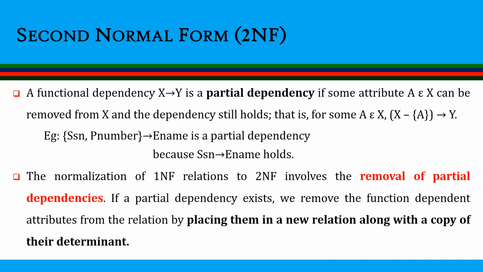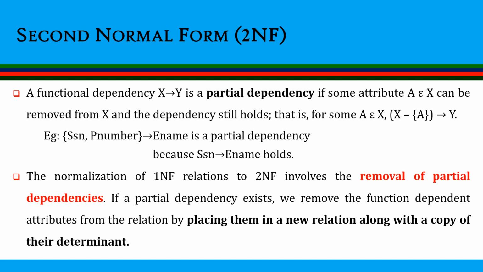Then what do you mean by partial dependency? A functional dependency X implies Y is said to be a partial dependency if some attribute A belonging to X can be removed from X and the dependency still holds. That is, for some A belongs to X, X minus A implies Y. We can say that the dependency still holds if one of the attributes from the determinant is removed.